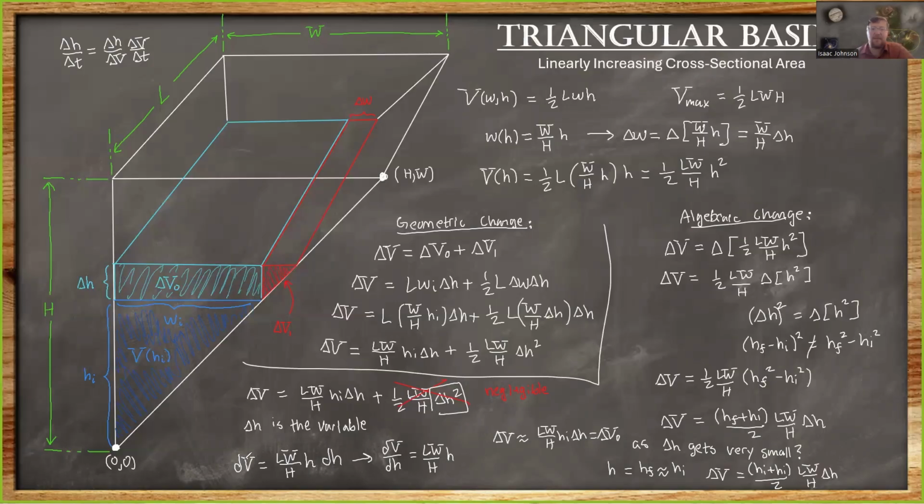Paired with the idea that by the time you get to differentials you only care about linear terms, it follows that delta H over delta T also equals delta H over delta V times delta V over delta T, because we only care about linear terms.